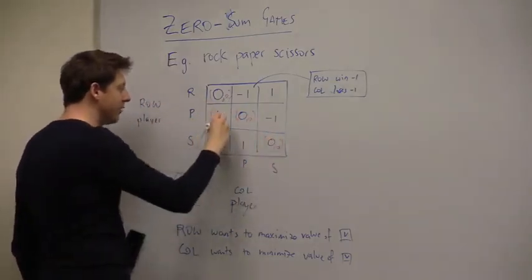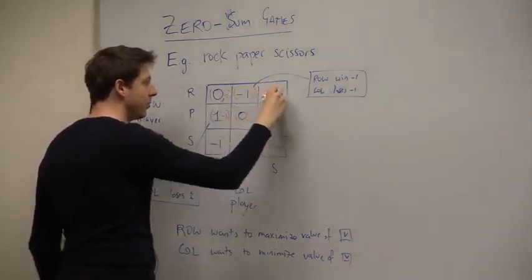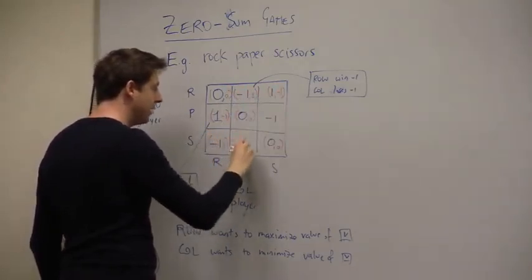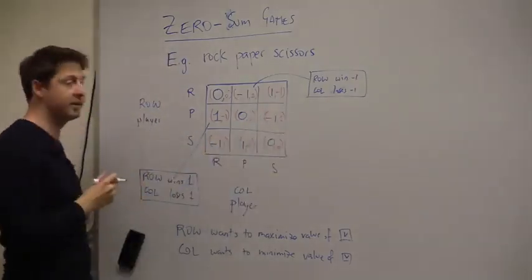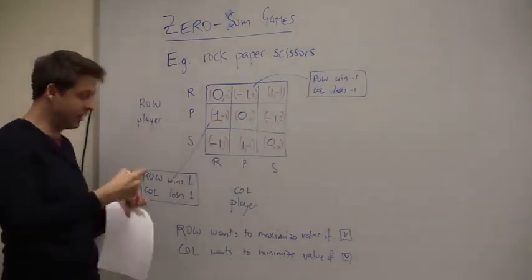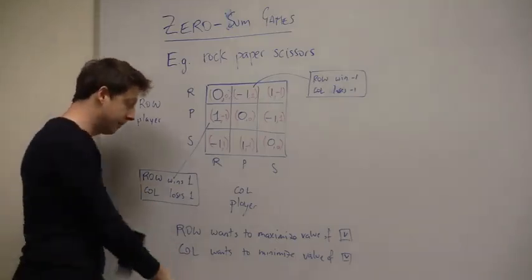And in this case, we would have 1 and -1, -1 and 1, 1 and -1. In all of these cases, because every unit of winning is a unit of losing for the other player, the sum of the two entries is 0. That is why this is called a zero-sum game. But because we know that the sum of the entries is 0, we don't bother writing the second entry, and we just take the perspective of the row player.